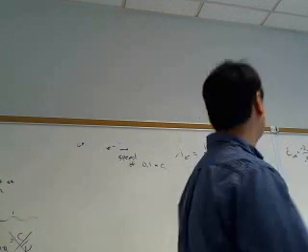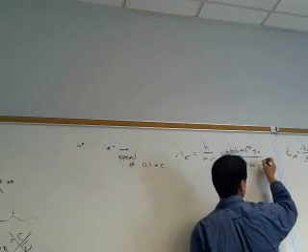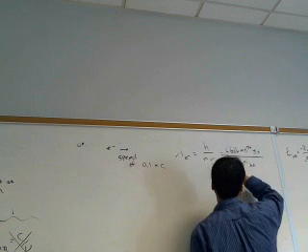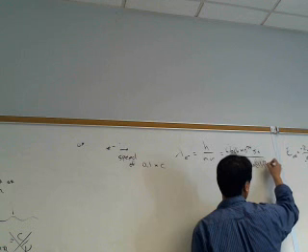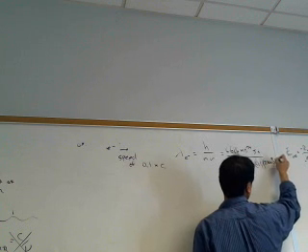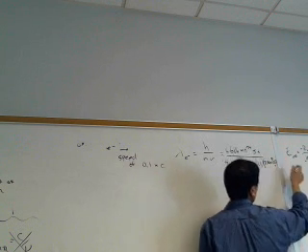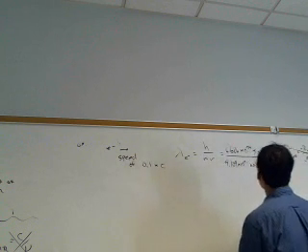The velocity is 0.1 times the speed of light, so that's 0.1 times 3.00 times 10 to the 8 meters per second.